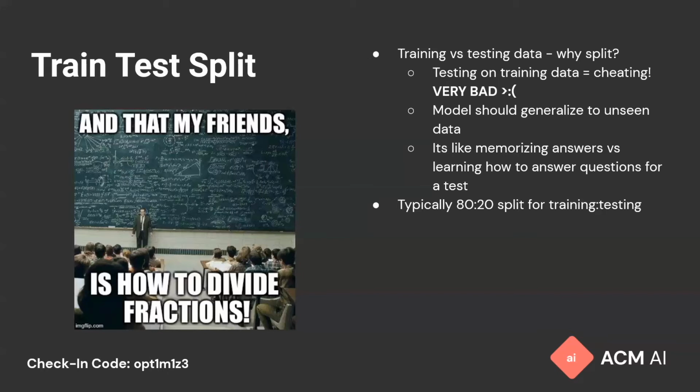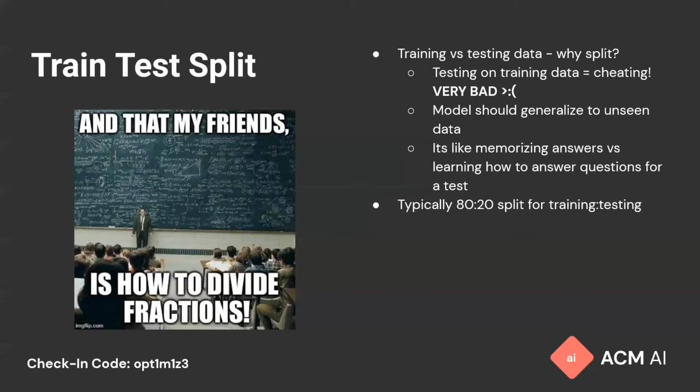And so we need to care about generalization, which happens when you're testing it not on your training set, but on data that it's never seen before. This is like a real test of questions it's never been exposed to before, and that is a much better way to evaluate your model.